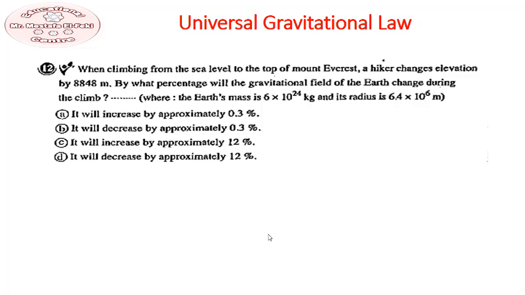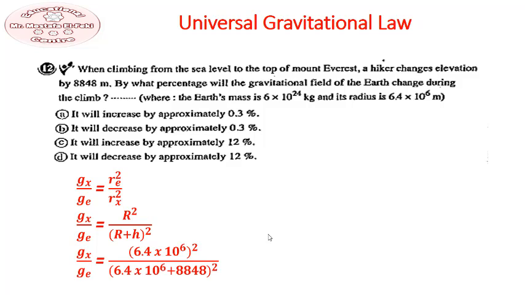When climbing from sea level to the top of Mount Everest, a hiker changed the elevation by 8,848 meters. By what percentage will the gravitational field of the Earth change or decrease during this climb? At first, this is the ratio that equals the gravity at this point x, or at this height x, divided by the gravity of the Earth, equals the radius of the Earth divided by (r plus h) all to the power of 2.